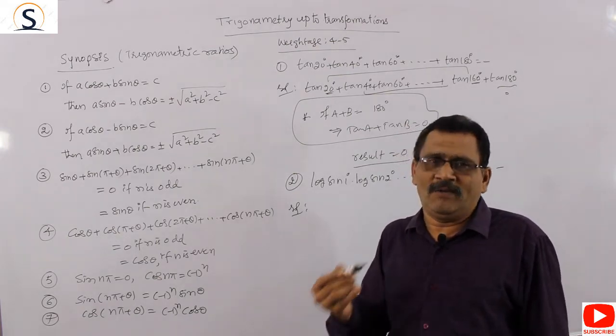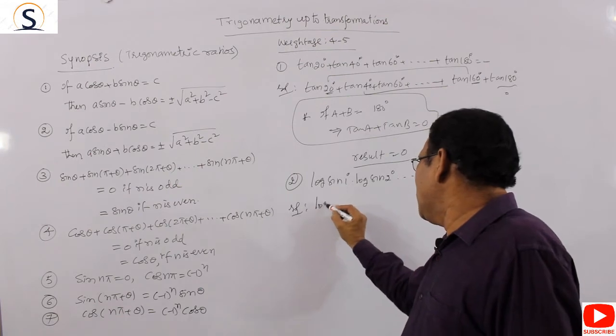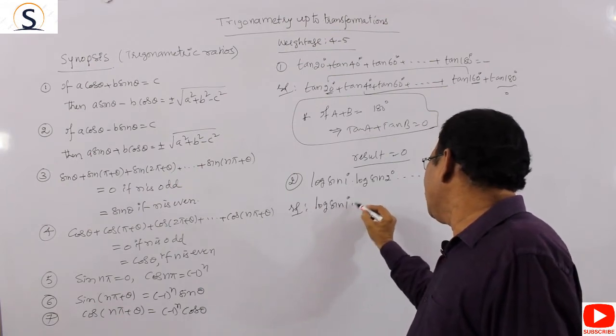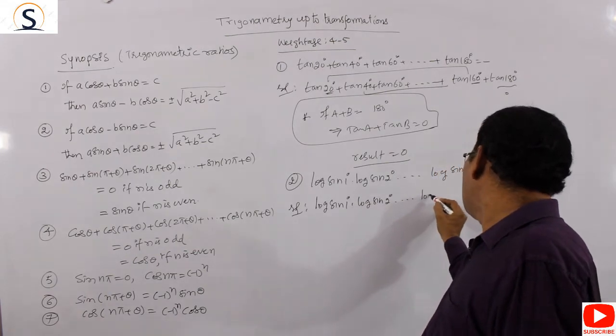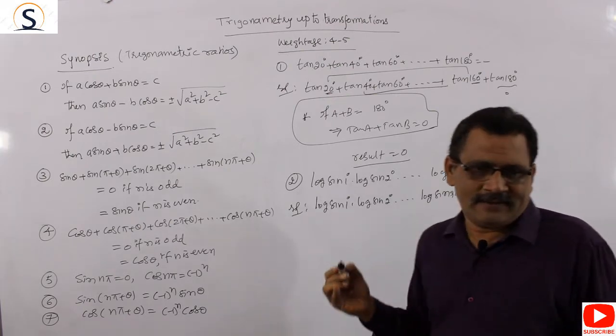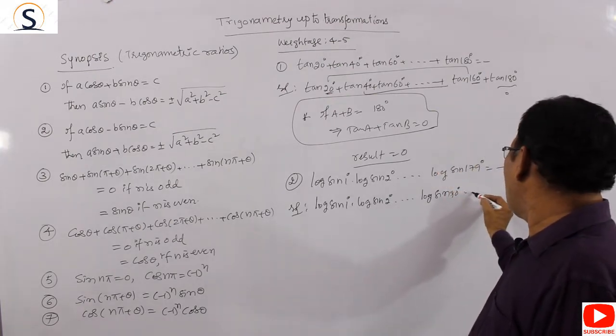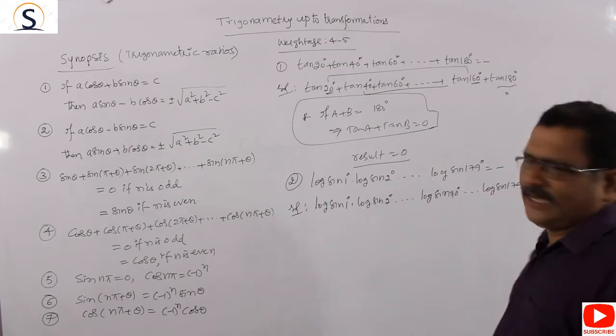We can write log of m plus n plus p and so on. Before that, you think about this: log sin 1 degree into log sin 2 degree and so on. Log sin 90 degree is also there in between, and so on, up to log sin 179 degree.